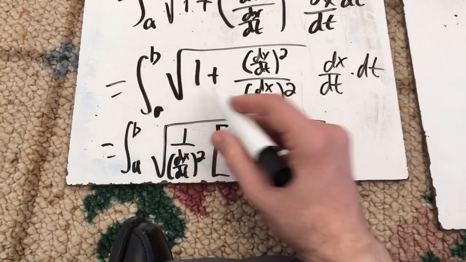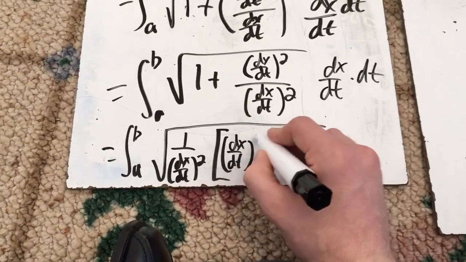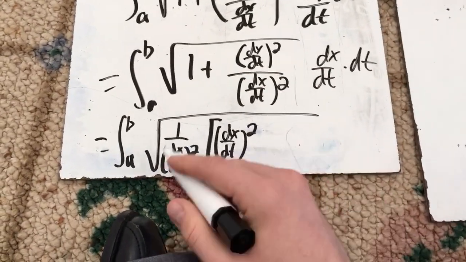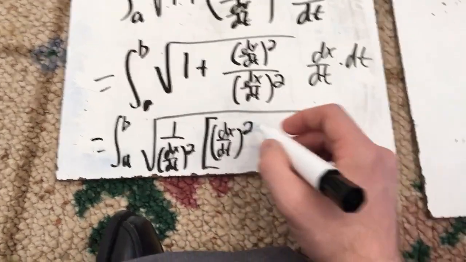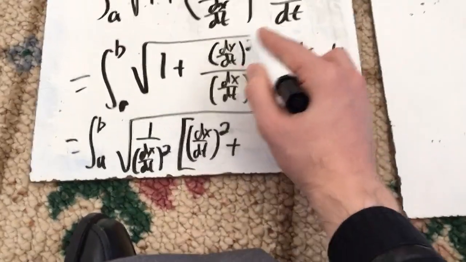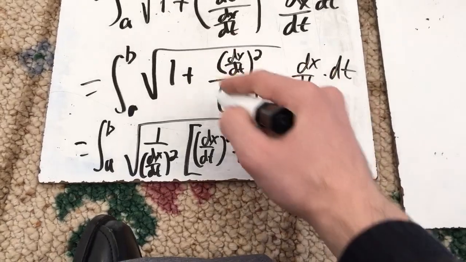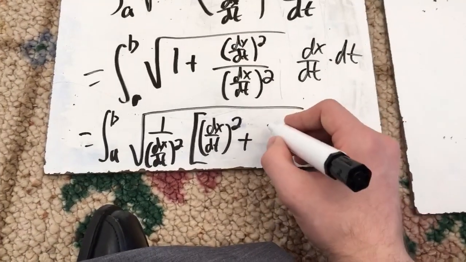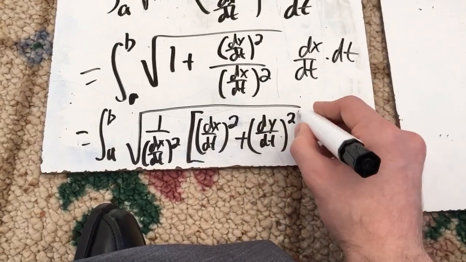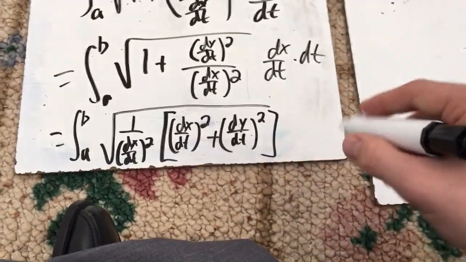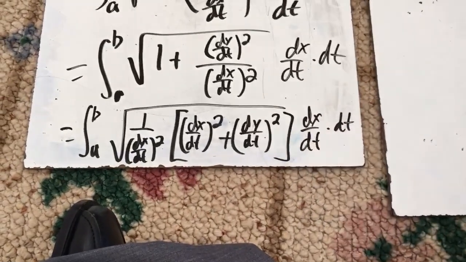If I'm factoring it out of 1, that means I'm going to have a (dx/dt) squared that appears in place of that 1, because if I multiply this back in, (dx/dt) squared divided by (dx/dt) squared will give me 1. Plus, if I factor 1 over (dx/dt) squared out of that, then we would be left with (dy/dt) squared. And on the outside here, we would still have, for now, (dx/dt) dt.